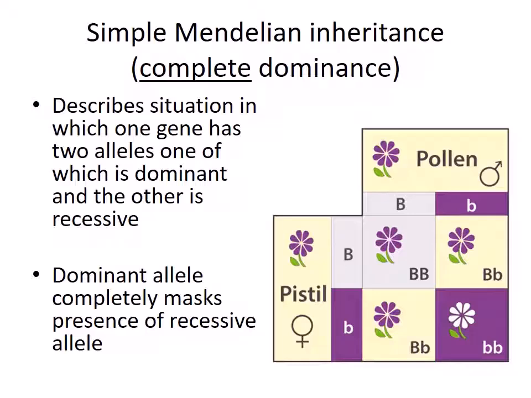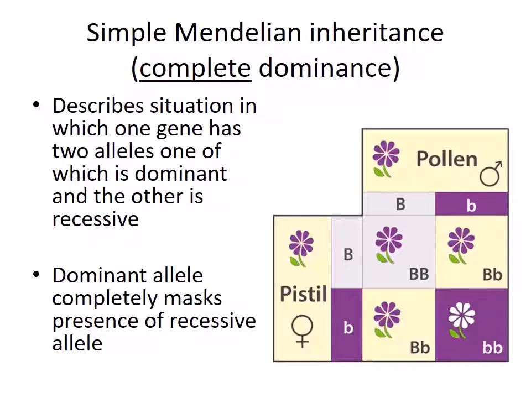When I first grabbed this picture, I thought it was a really good picture, but it's a little bit tricky because they're coloring the squares all these different colors. If big B is coding for purple, big B would give us a purple flower. Then we have big B, little b, which is also a purple flower, but that's a heterozygous individual. And if we have big B, little b again, that's another heterozygous individual.